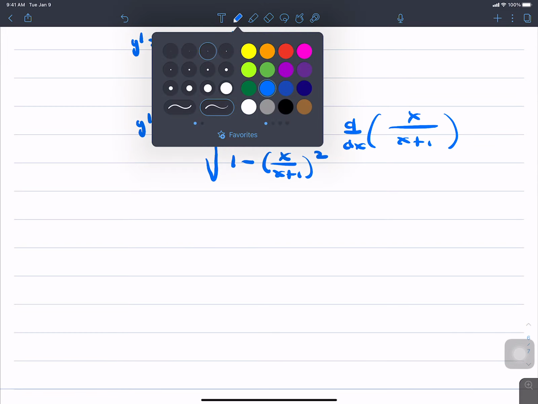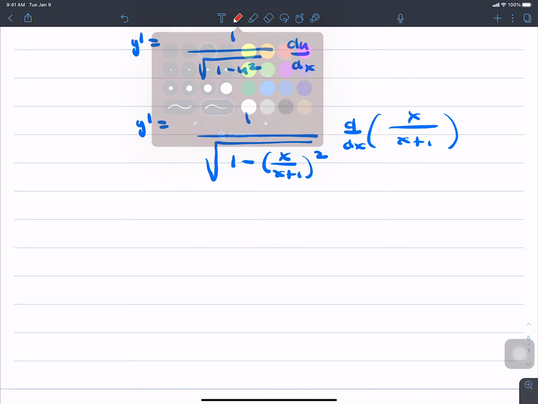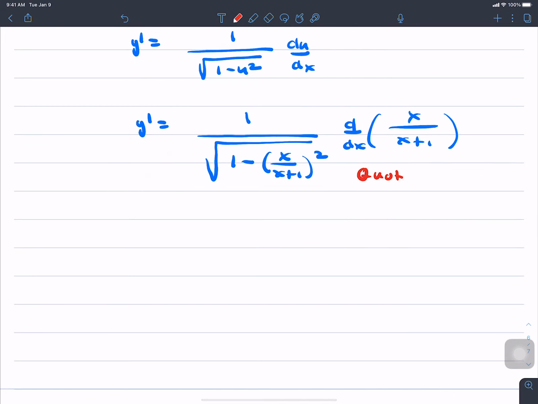So over on the right side, you're going to have to differentiate. You're going to use quotient rule. So let's find the red marker and say quotient rule. Okay. So I'm going to note here by quotient rule, when we take that derivative, we have the denominator to the second power.